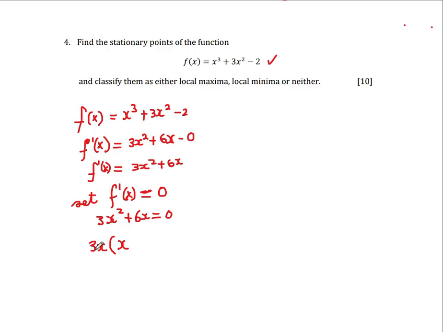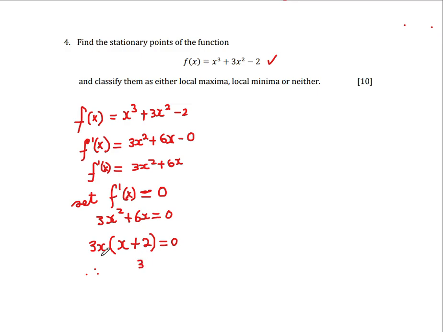And then 3x will divide into 6x twice, because 2 multiplied by 3x will give us 6x. So these are the factors. Therefore, the factors of 3x squared plus 6x are 3x and x plus 2.